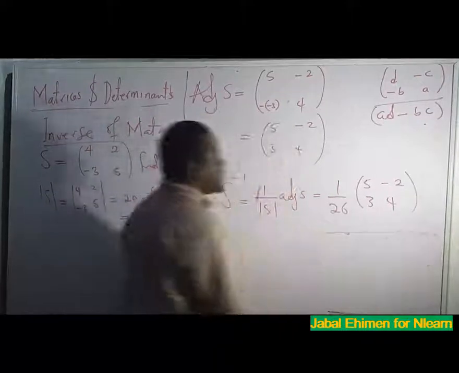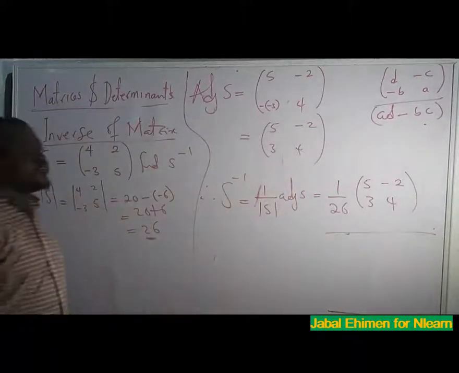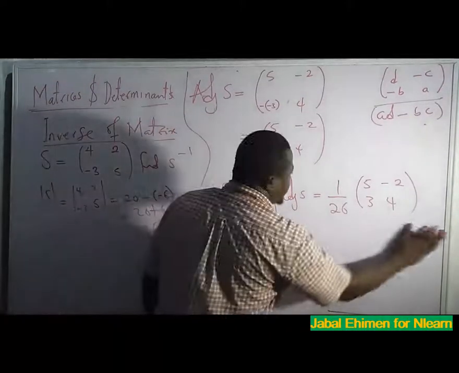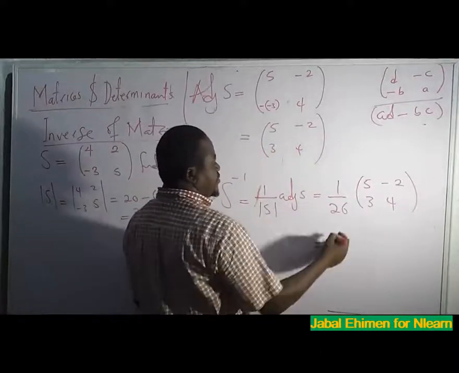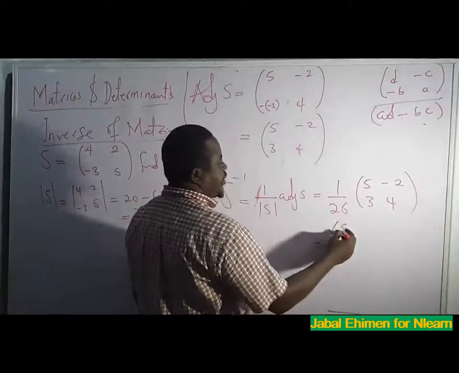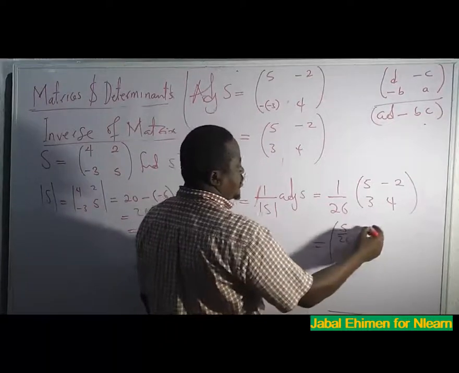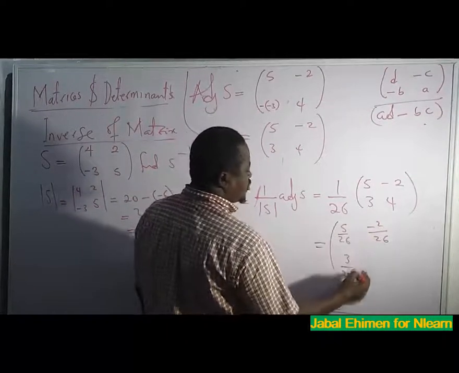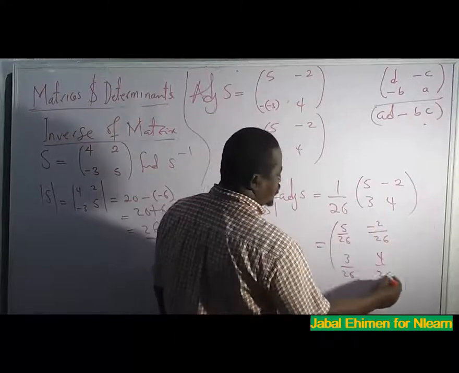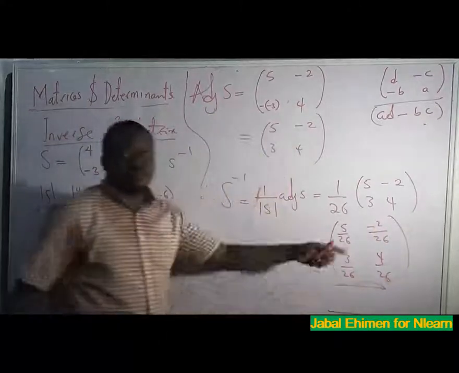So that is the inverse of the matrix. It depends on you. Sometimes you leave the answer like this, or you can decide to open the bracket by making it 5 over 26, minus 2 over 26, 3 over 26, and 4 over 26, any one of them you feel like.